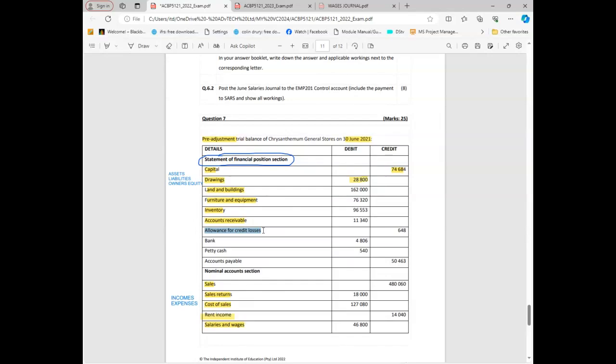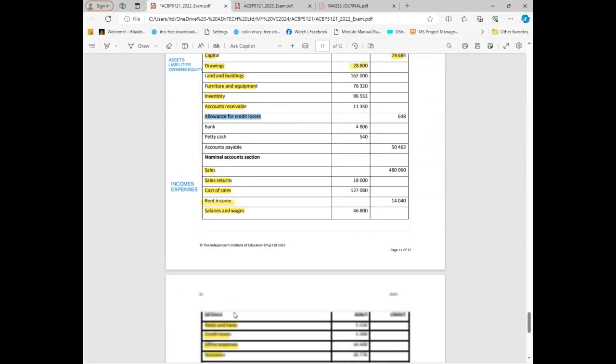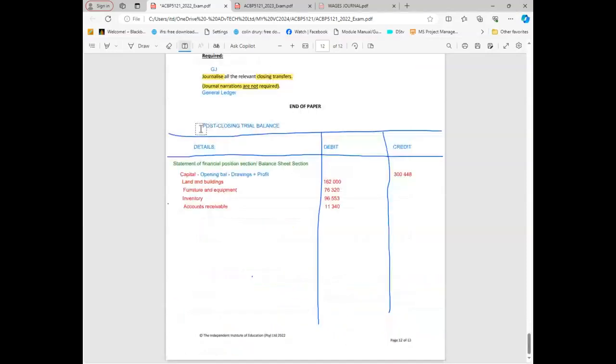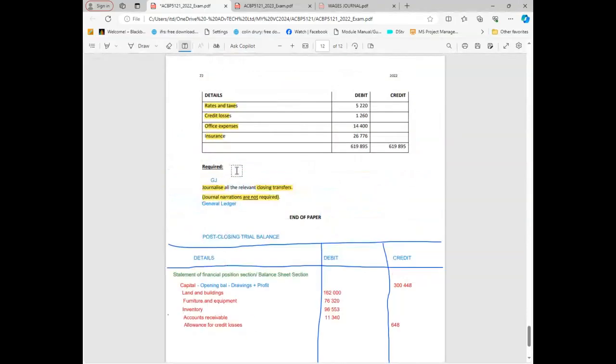Allowances for credit losses? On the credit side, 648. Thank you so much for that. What is the other term for allowances for credit losses? If you don't want to call it that, there's another term that I can use.